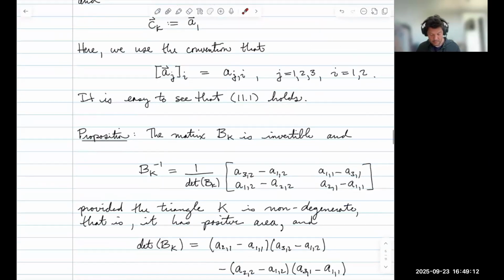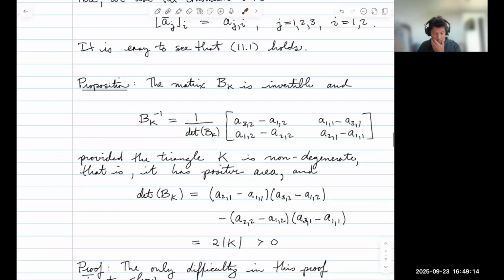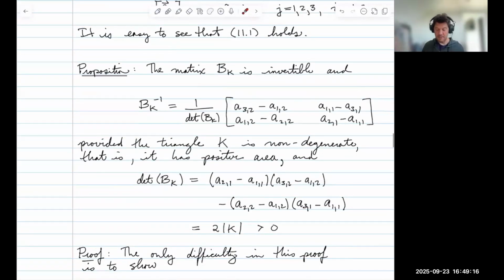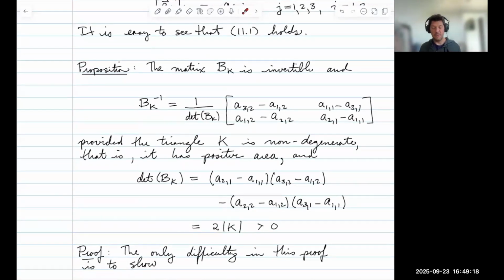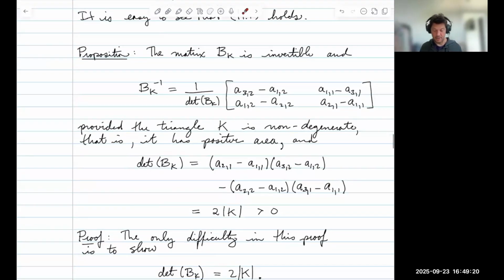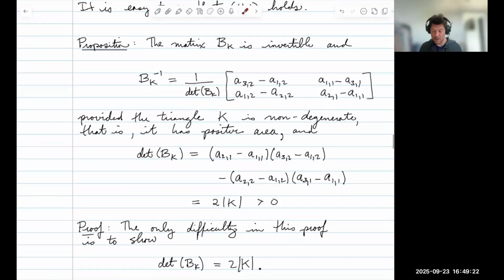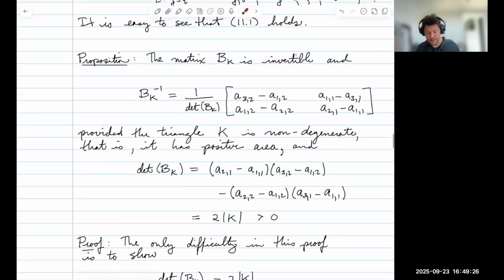So I'm going to state a lot of properties which are elementary in nature, but do require that you go through and check some of these facts. Not hard, but I would say tedious. The first thing I want to say is that the matrix BK is invertible.